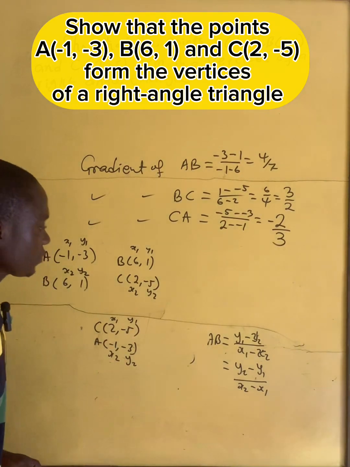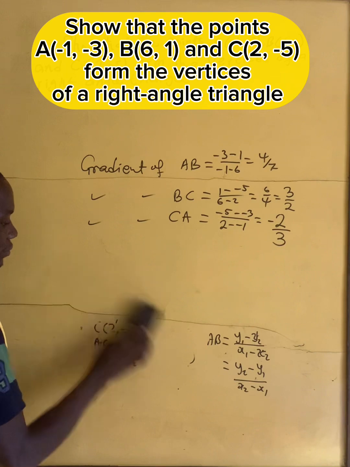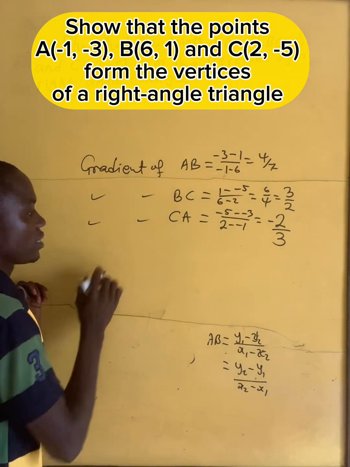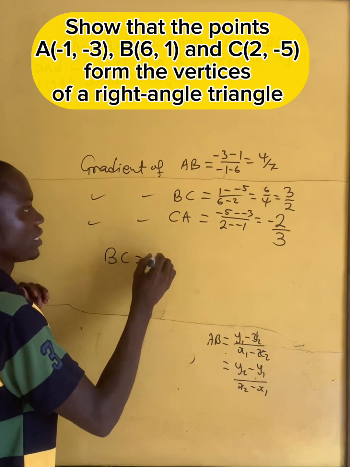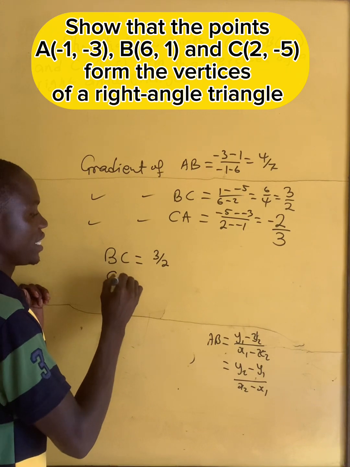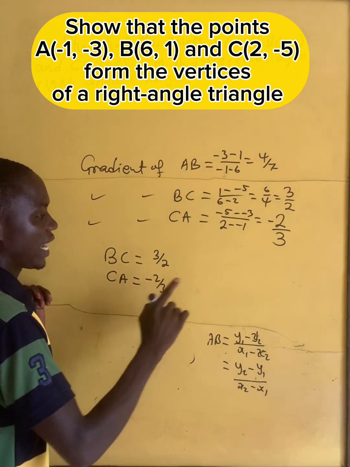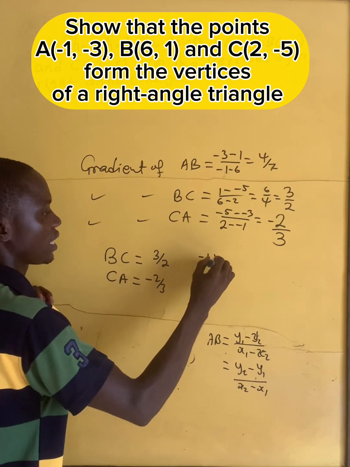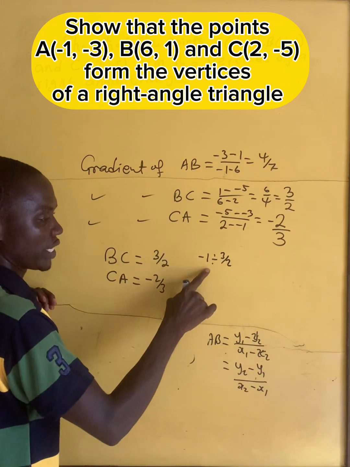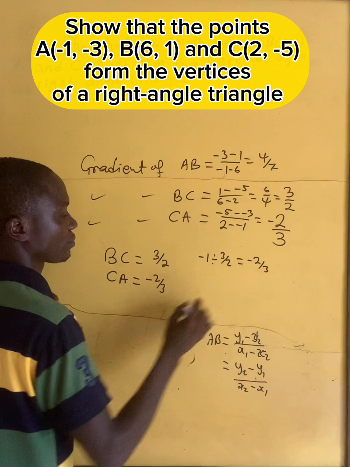Now, we can draw our conclusion. So here you see that, look at something. The gradient of BC is 3 out of 2. The gradient of CA is minus 2 out of 3. If I take negative 1 and divide by 3 on 2, point this on the calculator, you are going to get negative 2 on 3.